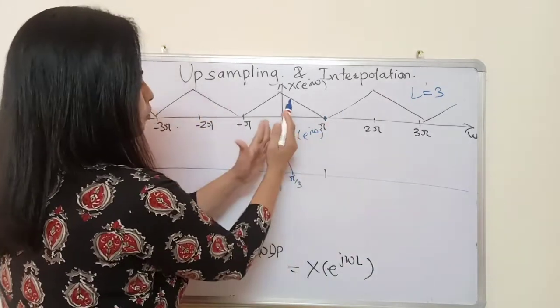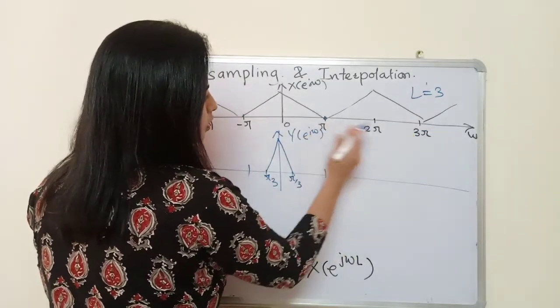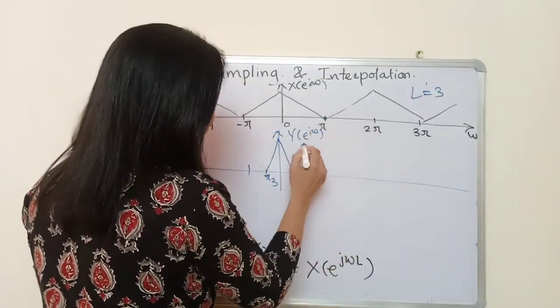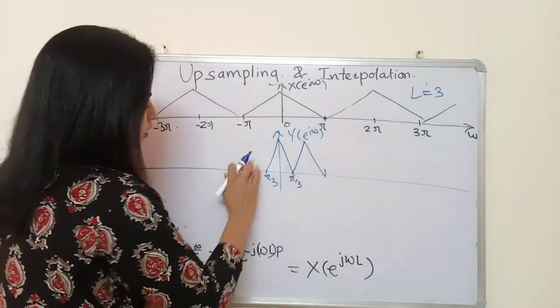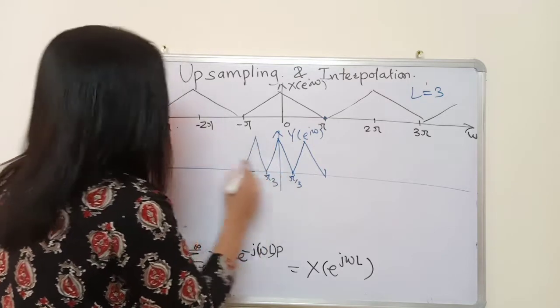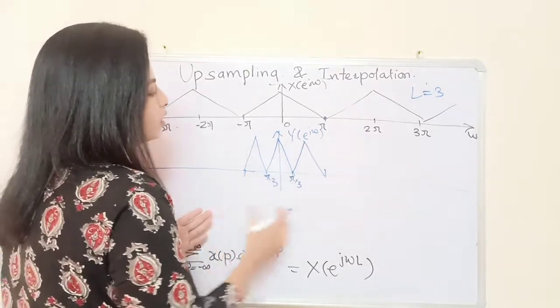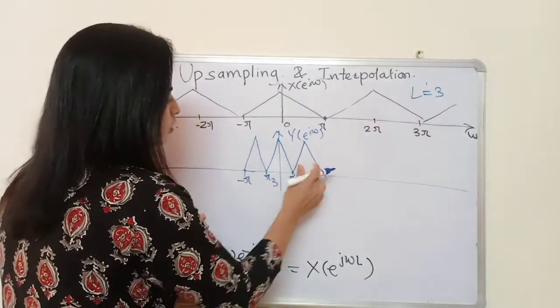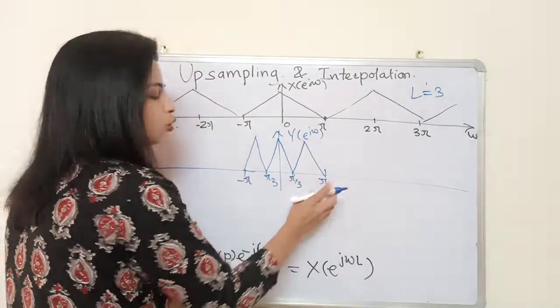This will be compressed like this, and this 3 pi will come to this. So this will also get compressed, and it is observed like this. Now at this point also, this minus 3 pi will come to minus pi. So we are observing 3 copies from minus pi to pi.